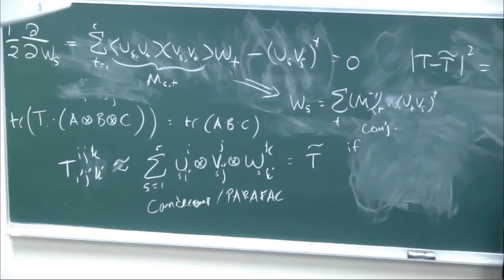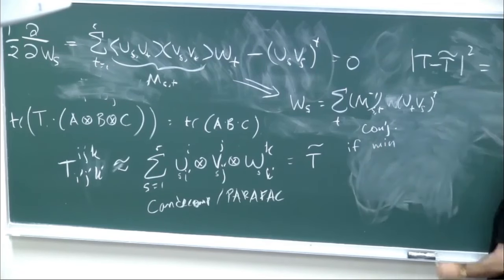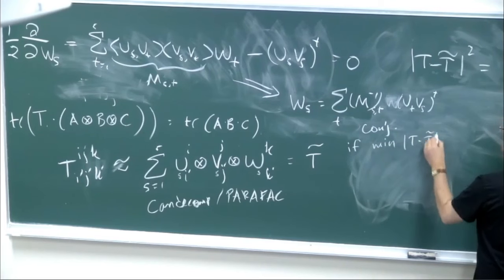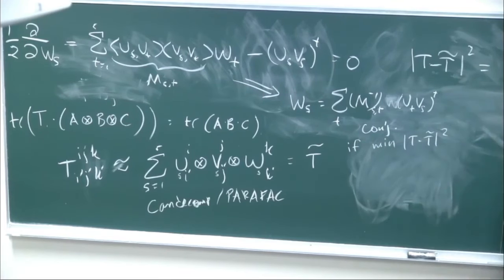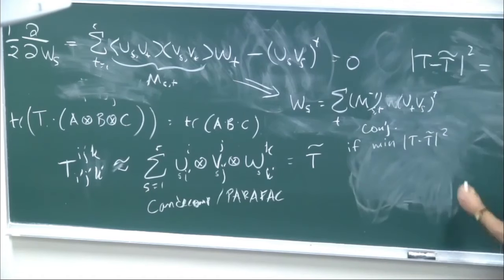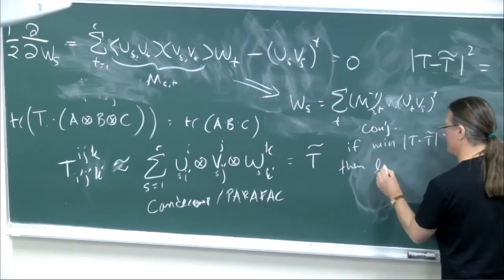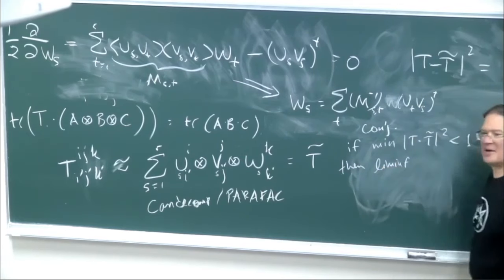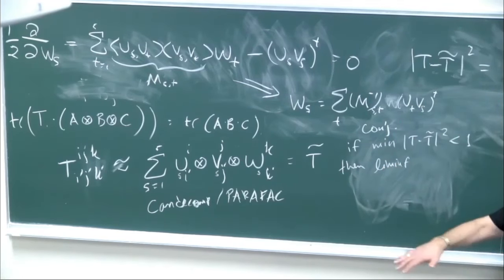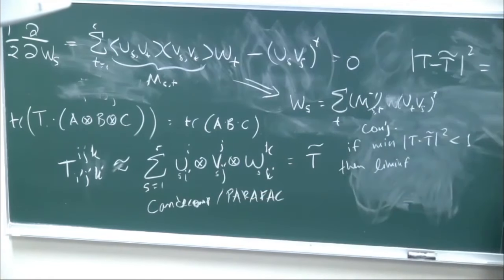If the minimum of the L2 distance, in other words, if there exists a T-twiddle for a given r, such that this is anything less than 1, okay, then, in fact, I'm going to say lim inf, because we might have one of these funny situations where we get closer and closer as these entries go out to infinity, which can happen with tensors.